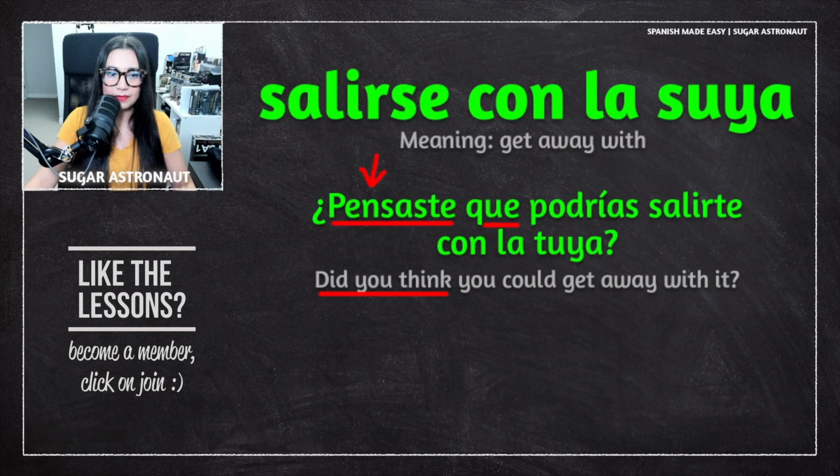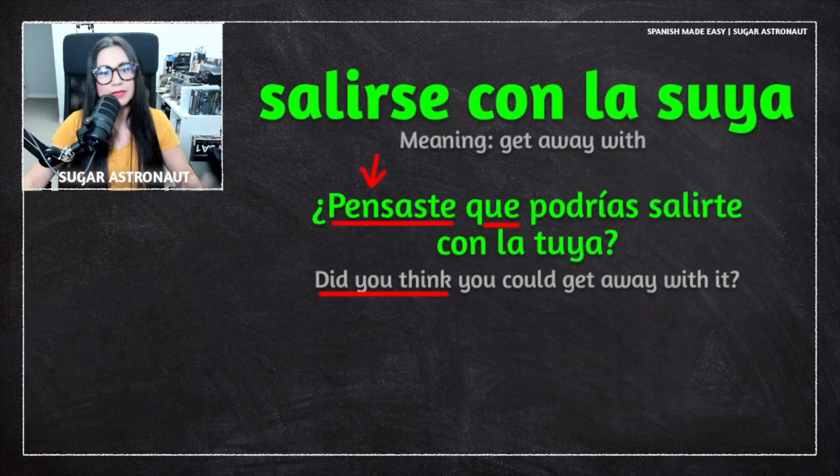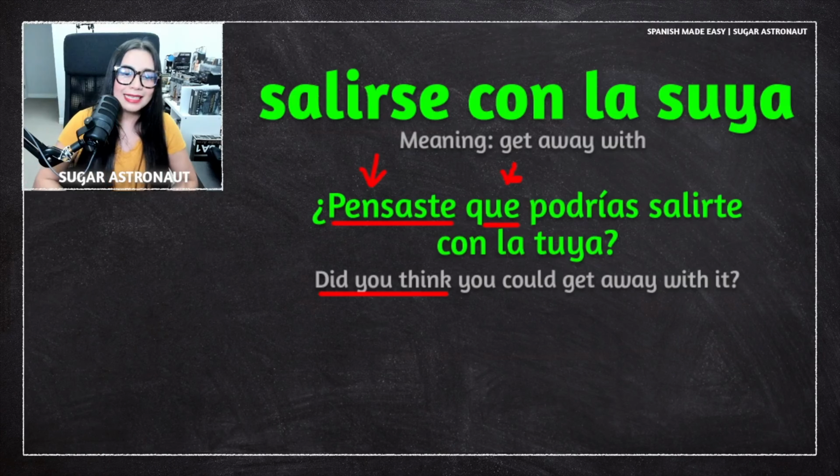Que. When you want to add more to the verb pensar, which means to think, it's common to add the word que. Pensaste que, and you can add whatever you want after that. Essentially you're saying, did you think... Then we have podrías. Tú podrías, again we don't need to put tú in the sentence. Podrías means you could.